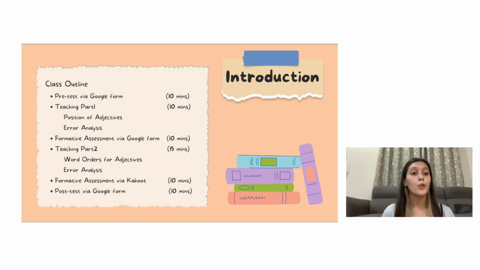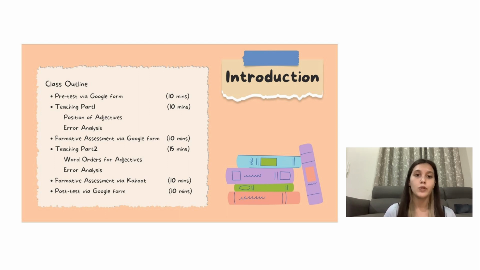First of all, we will start with a pre-test via Google Form, which will take around 10 minutes. After that, we will move forward into teaching part 1, which will include the position of adjectives and the analysis of the errors.